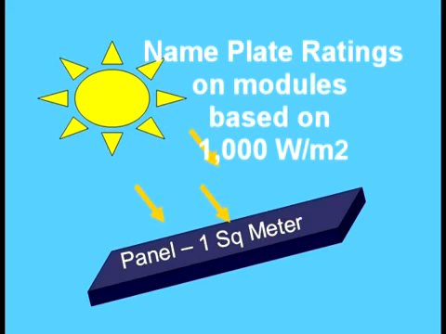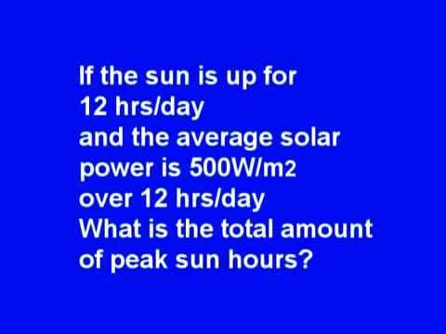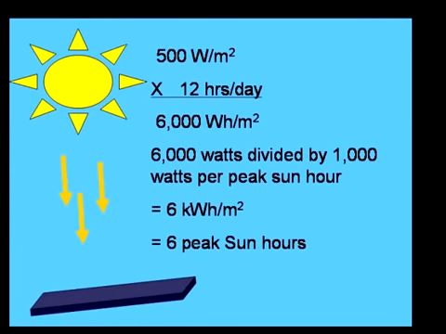So if the sun is up for 12 hours a day and the average solar power is 500 watts per square meter over 12 hours a day, what's the total amount of peak sun hours equivalent? It'd be 6, right? 6,000 watt hours per square meter, or 6 kilowatt hours per square meter.